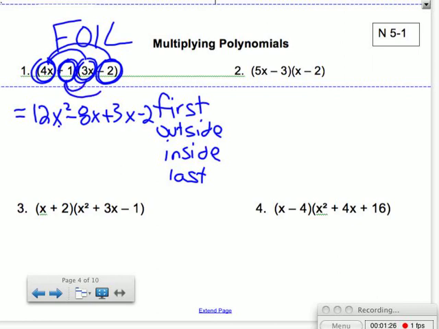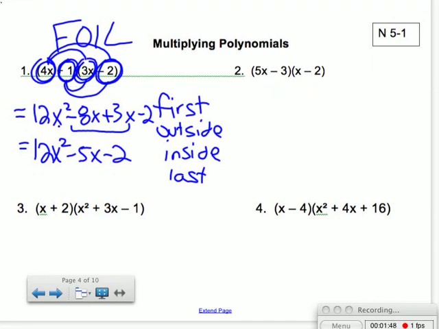So once you've done that, 12x squared minus 8x plus 3x minus 2, you put it together, 12x squared minus 5x, you collect like terms with these two, minus 2, and you're finished. Okay, so if we go ahead and FOIL over here, we're going to get first 5x times x, so 5x squared.